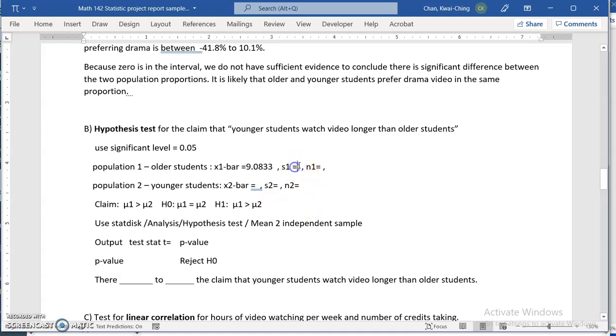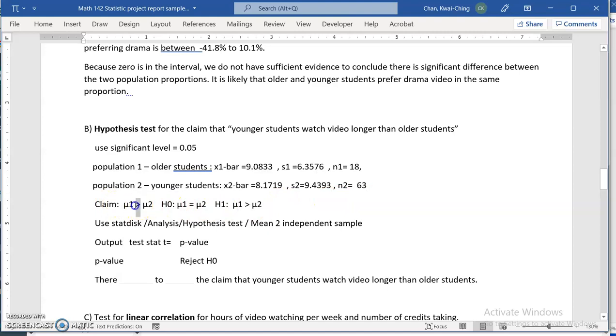Just use more decimal places to be more exact. S1 is 6.3576. N1 is 18. X2 bar is 8.1719. S2 is 9.4393. And N2 is 63.